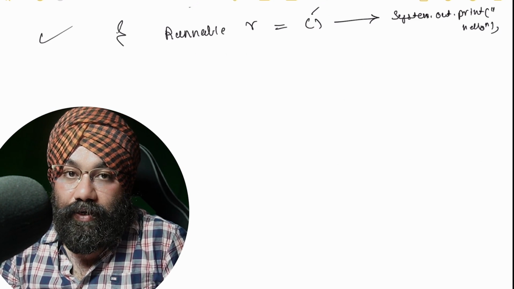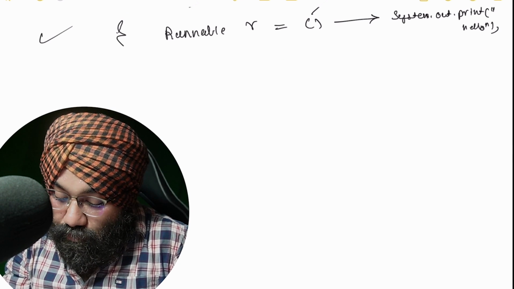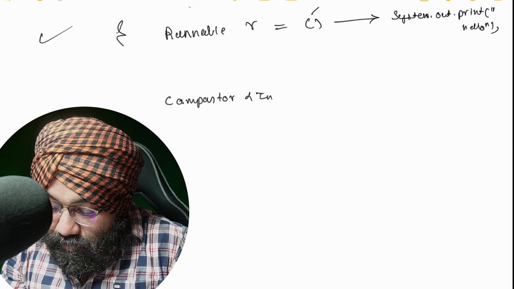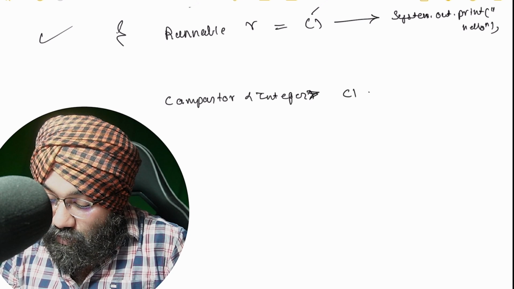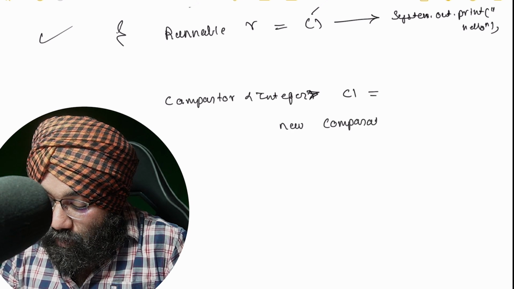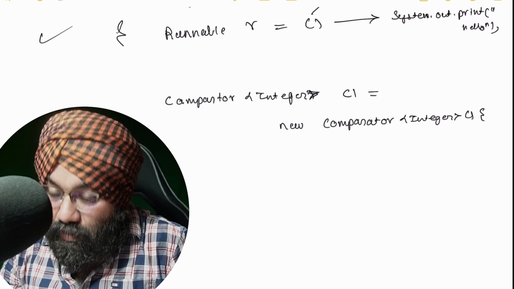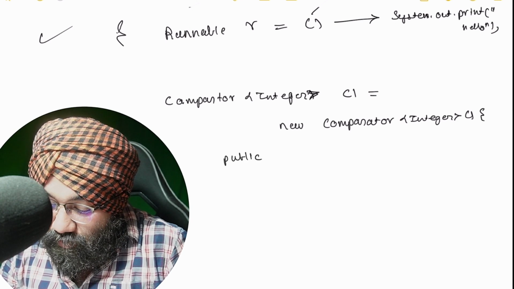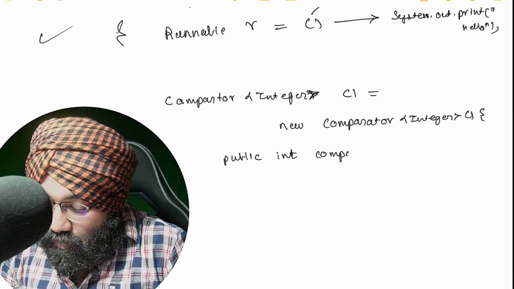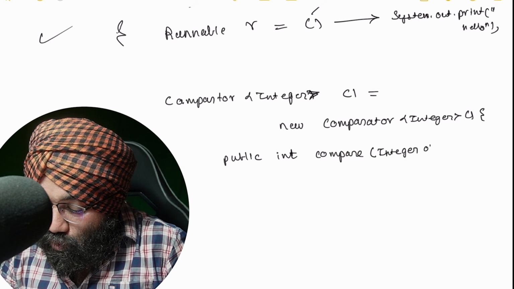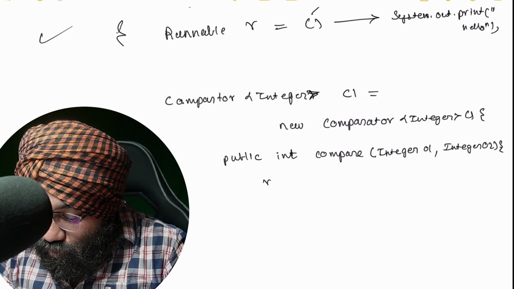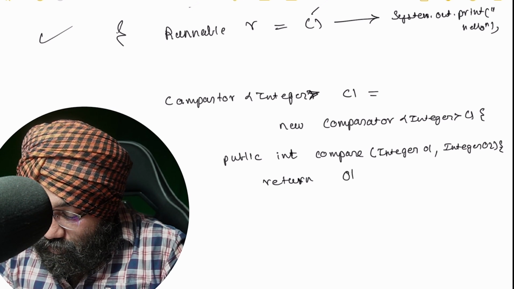If you had a comparator for comparing two integers, what you would have done is you could have written Comparator<Integer> c1 is equal to new Comparator<Integer>, and then you could have implemented the compare method, public int compare(Integer o1, Integer o2), and then you could have compared these and returned the result.